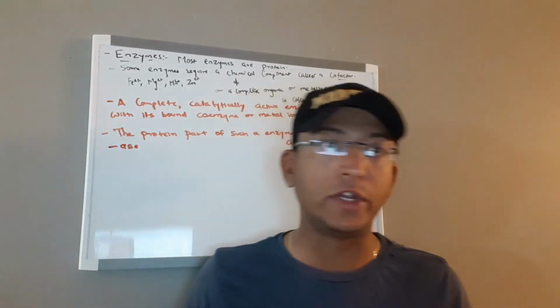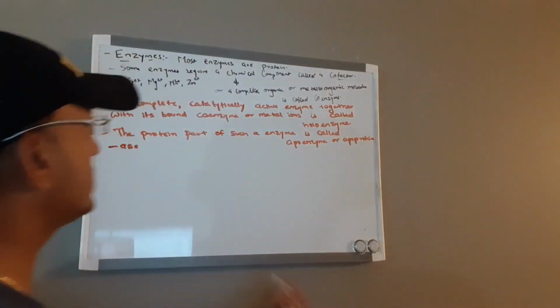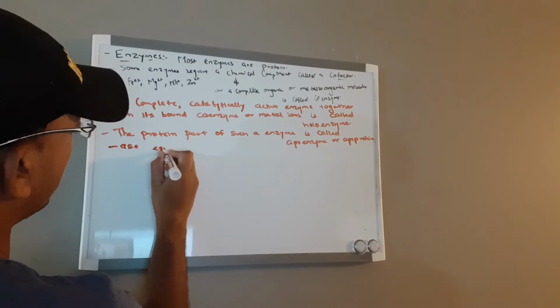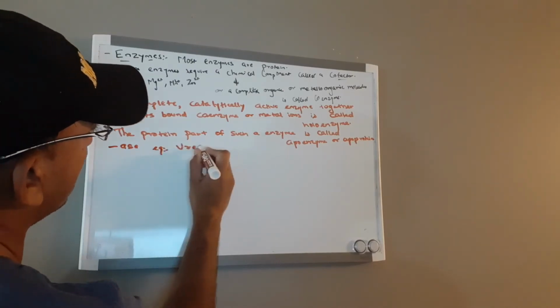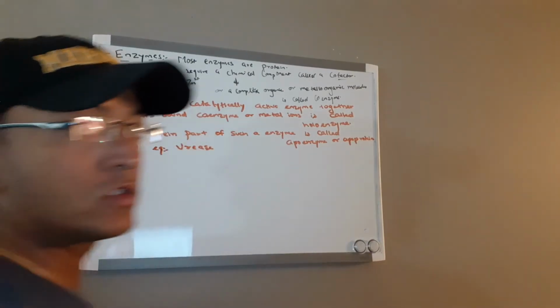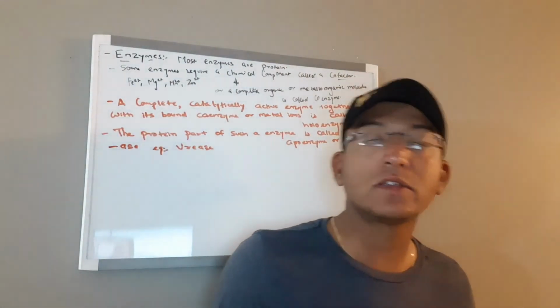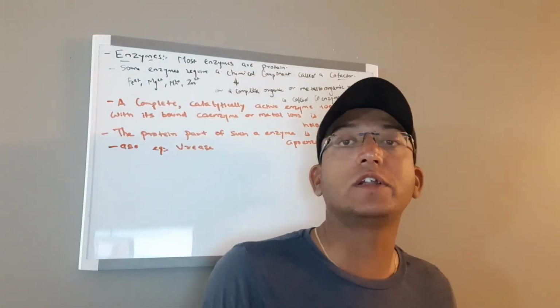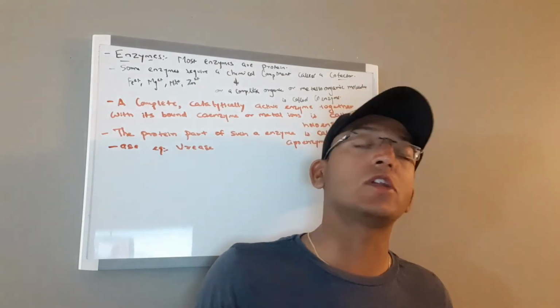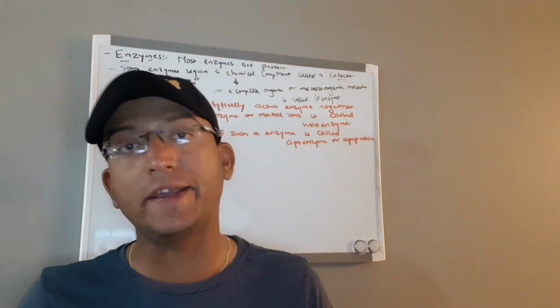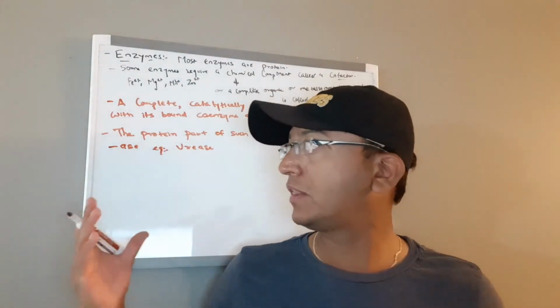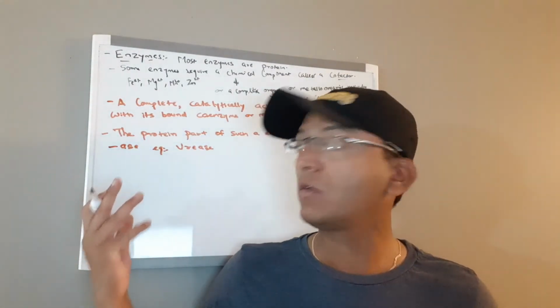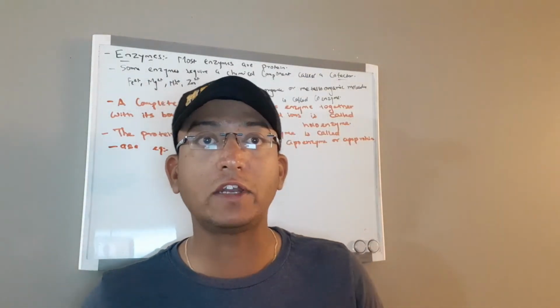For example, urease catalyzes the hydrolysis of urea. DNA polymerase catalyzes the polymerization of nucleotides to form DNA. So these enzymes are named after the activity they perform.